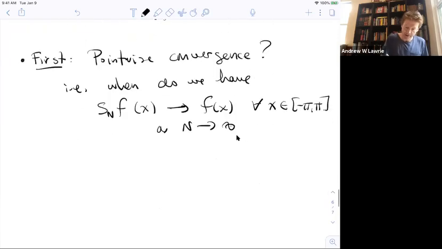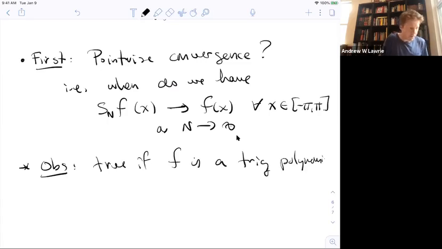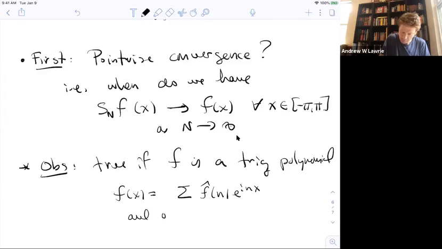And well, just an observation, it's true if f is a trig polynomial, because then in this case, f of x is equal to its Fourier series, and only finitely many of the coefficients are not equal to 0.